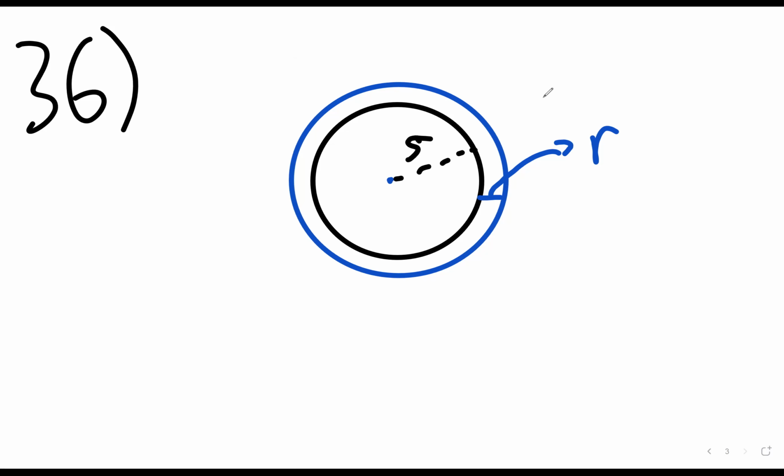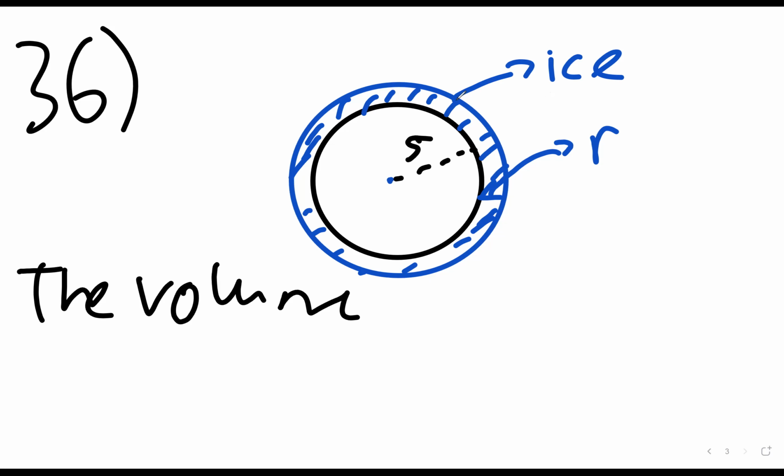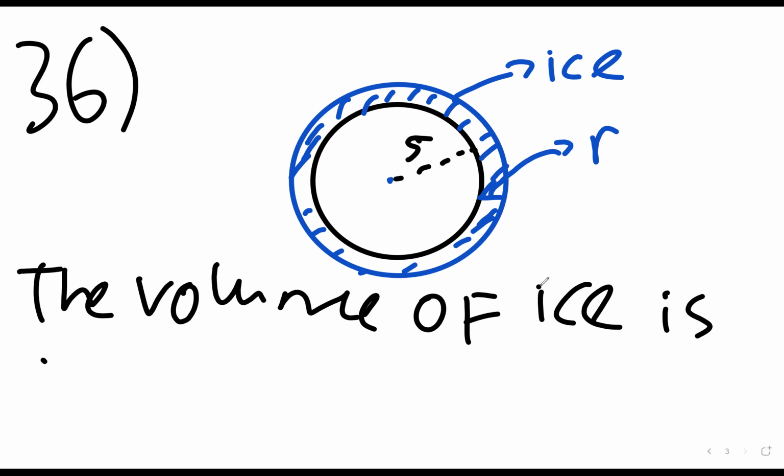Okay, so if I just draw this as the ice, this is the ice. Then we should calculate the volume of the ice, and let's say we consider this as V. Obviously the volume of ice will be the volume of the bigger ball minus the volume of the iron itself, the iron here.